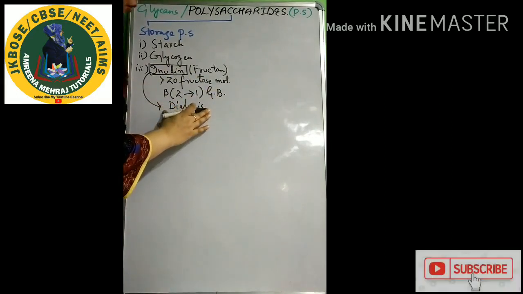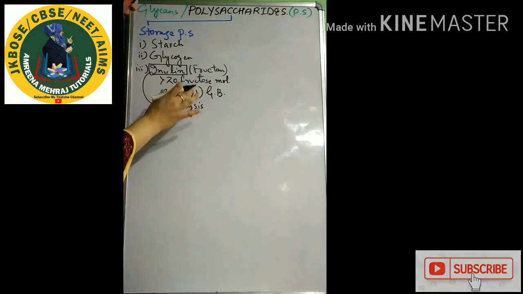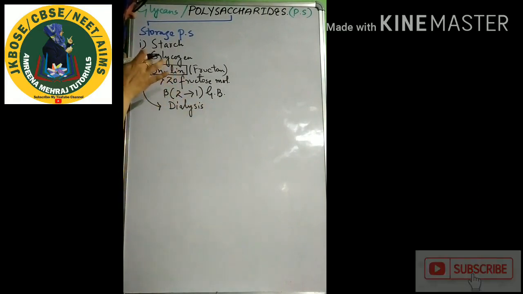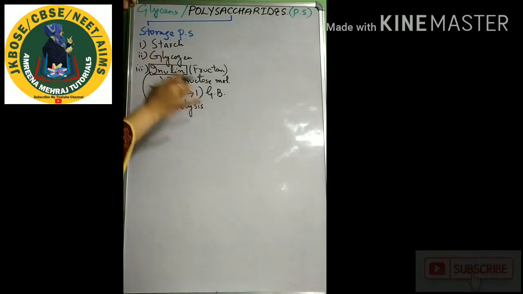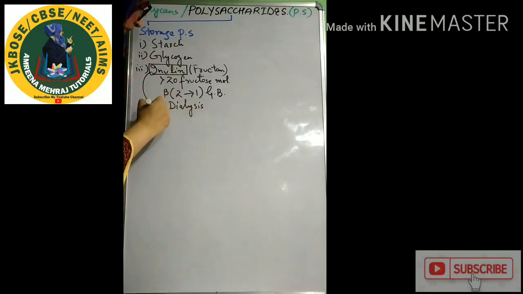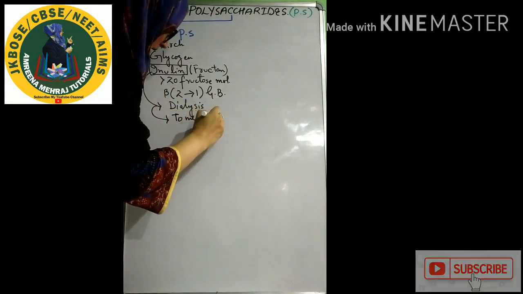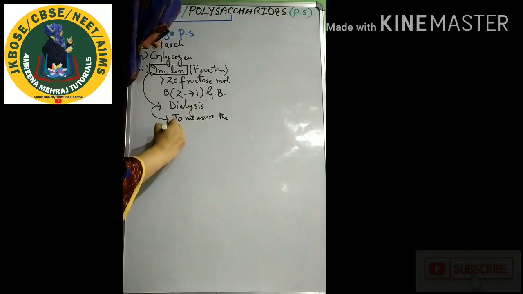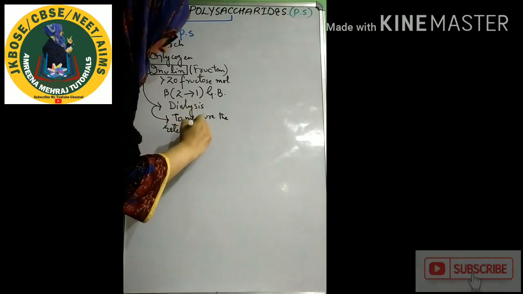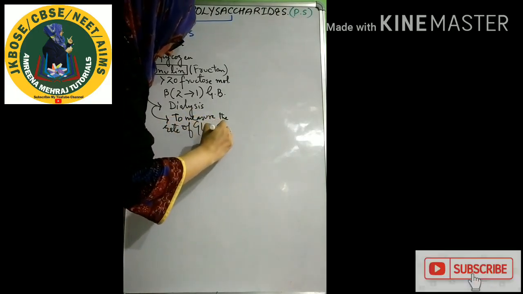Now we don't need to go into the details of dialysis. The point over here is that this polysaccharide is used during dialysis. For what purpose is it used? It's used to measure the rate of glomerular filtration.